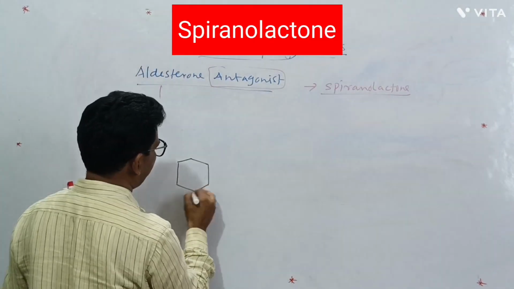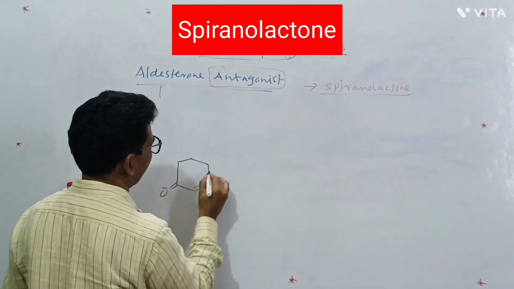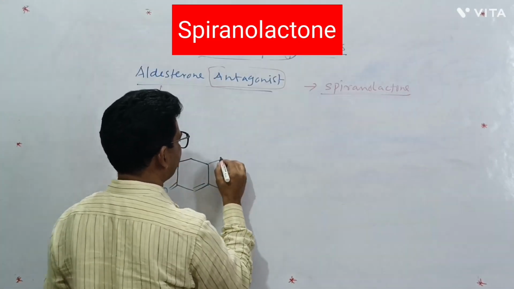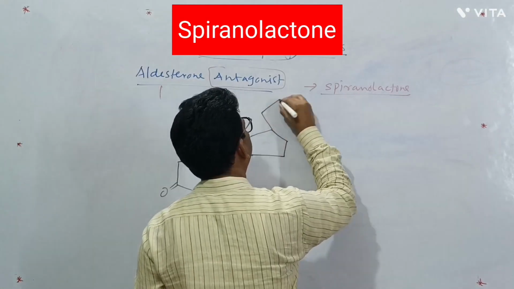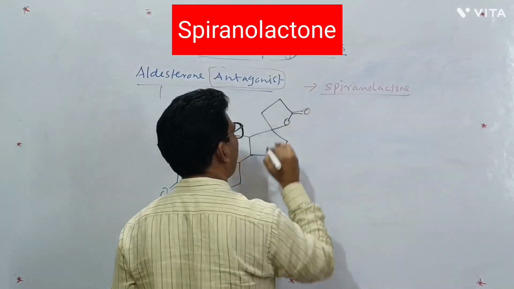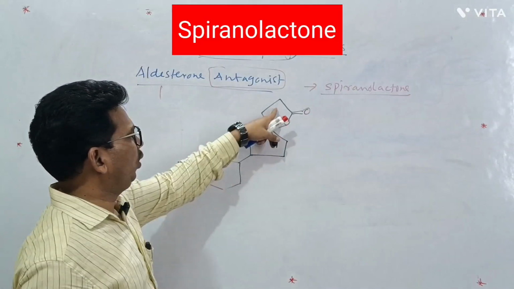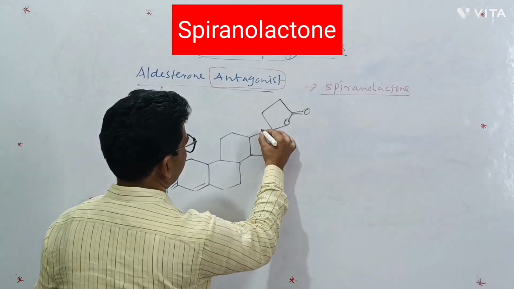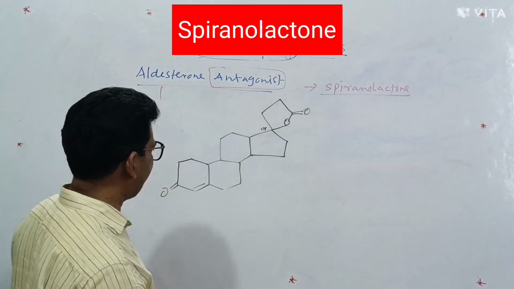The steroid nucleus is the basic structure. Remember, what is the basic structure it has? The steroid nucleus. Here you can take the spiro compound. This is called the spiro moiety. This spiro is present at the 17th position of the steroid.